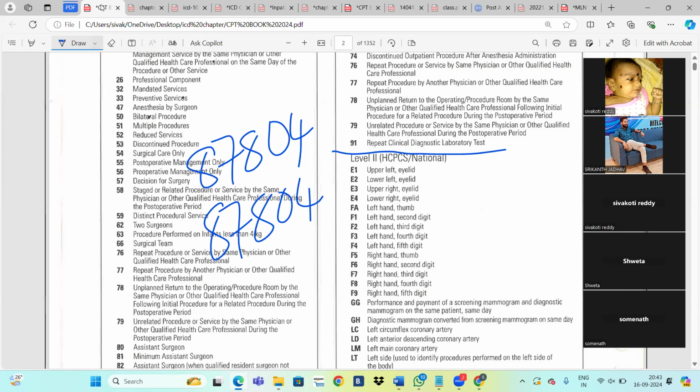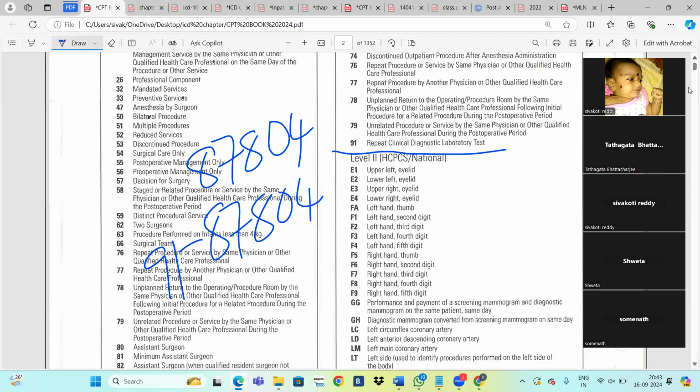Two encounters you never club. If they repeat the same test the same day, for the second code you will give 91, not X series.